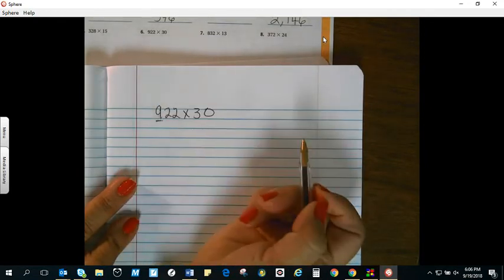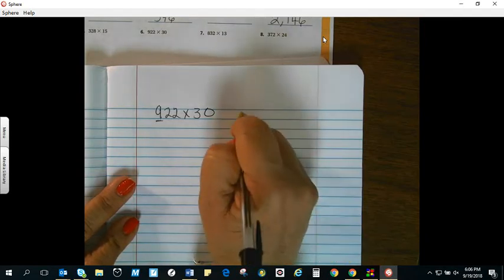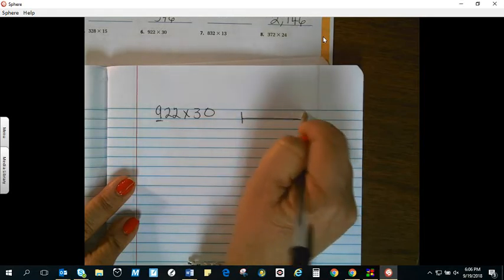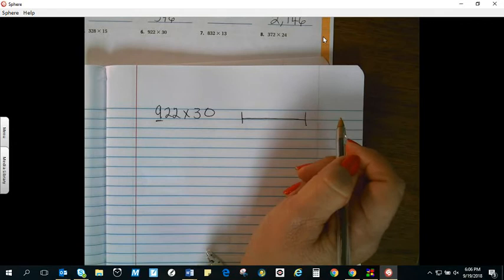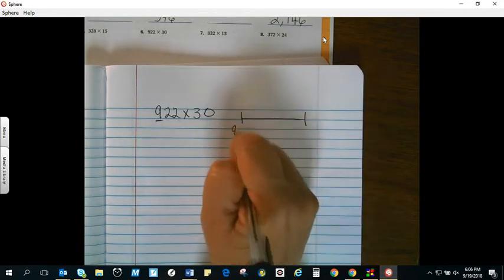What number is in my hundreds place value? It's 9. What is the value of 9 hundreds? If I had 9 $100 bills, what is the total amount that I have? Absolutely, I have $900. So I'm going to start with 900.